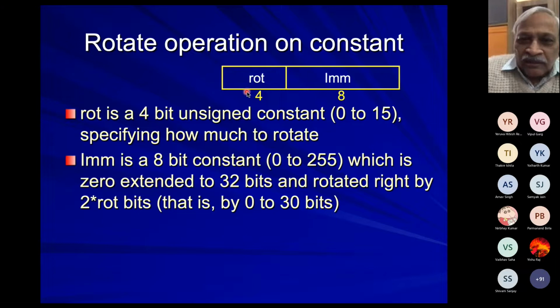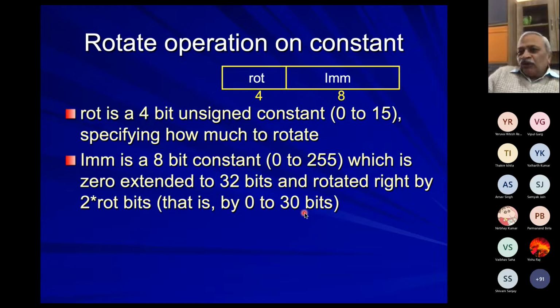So this 8-bit constant is first zero extended to 32 bits. That means you take 24 zeros, make it a 32-bit number, and then rotate right by 2 times this number. So if you have specified 3 here, then you rotate right by 6 positions. With this number varying from 0 to 15, the rotations that are possible are from 0 positions up to 30 positions.